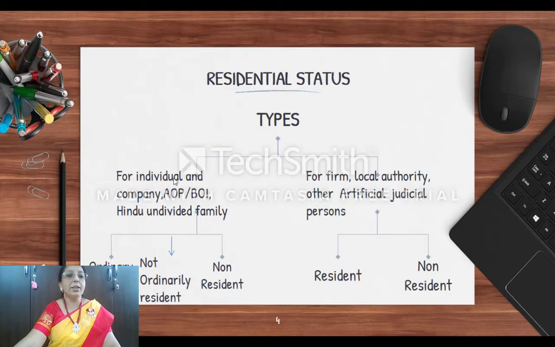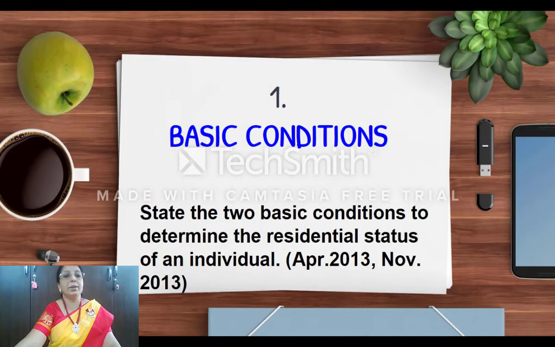So for an individual, it can be a resident or a non-resident, and if it is a resident, it can be ordinarily resident or not ordinarily resident. And if it is a non-resident, he is a non-resident. But for a firm, a local authority or other artificial judicial person, there are only two classifications, resident and non-resident.